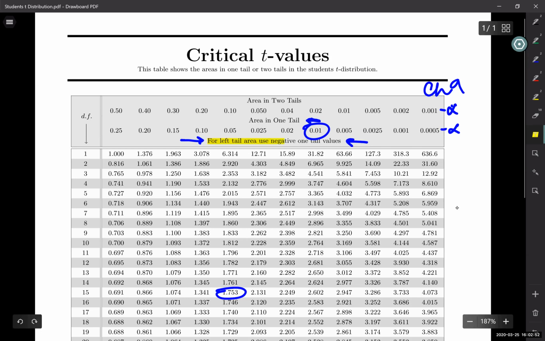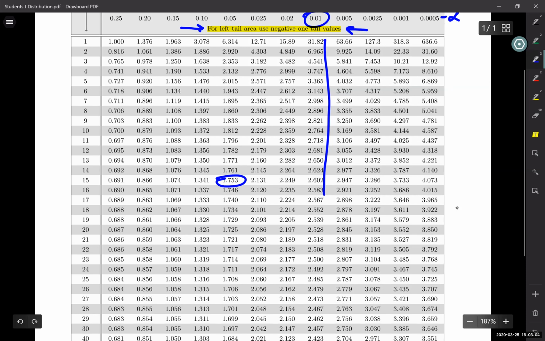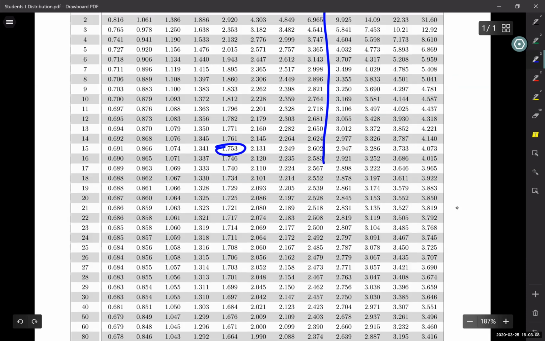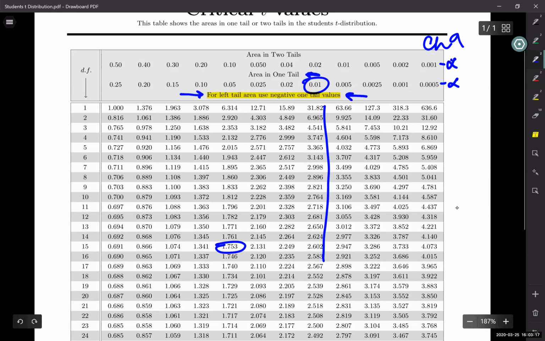I use the 0.01, and I'm going to go down to 39, which actually I'll end up at 40 because that's the closest. So 2.423. However, it says for left tail, use negative one tail values, so I'm going to write negative 2.423.